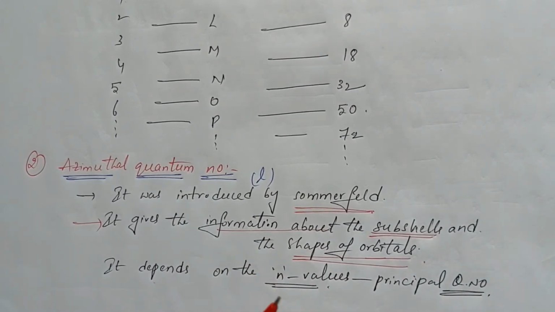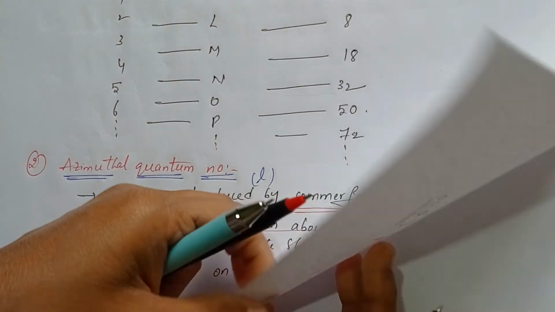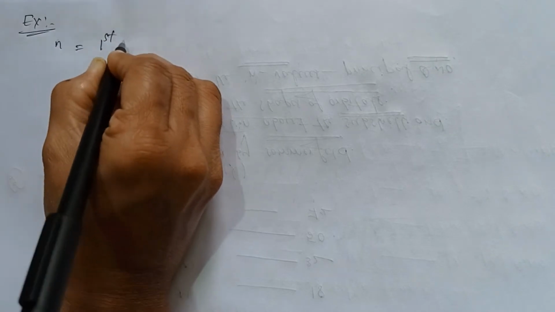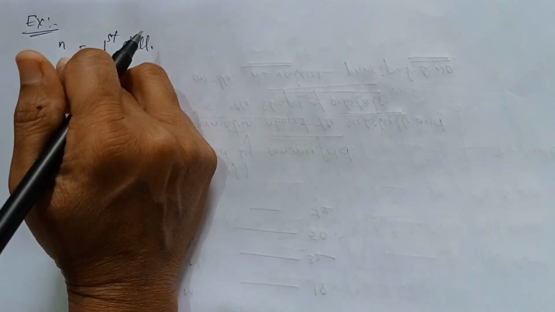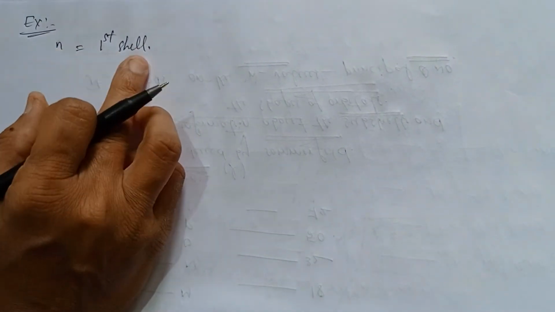Now see, students, suppose n is equal to 1, the first shell. As this is the principal quantum number, it is the first shell.